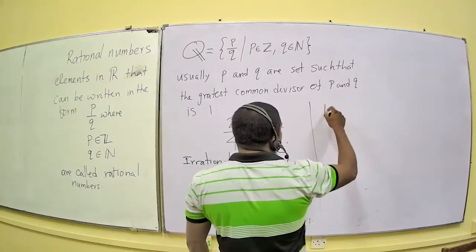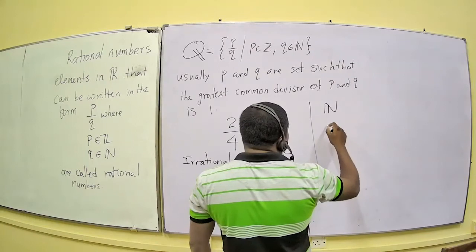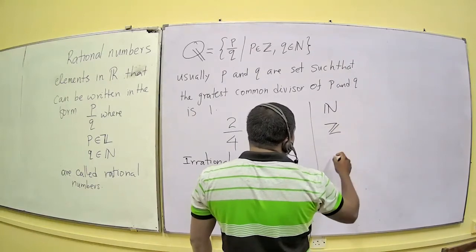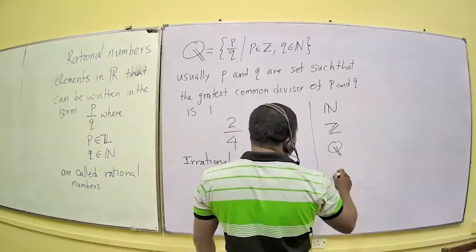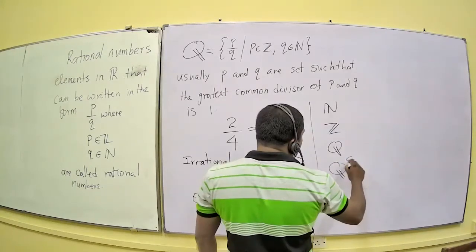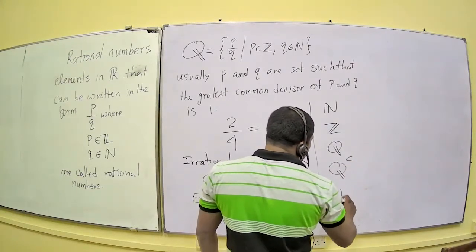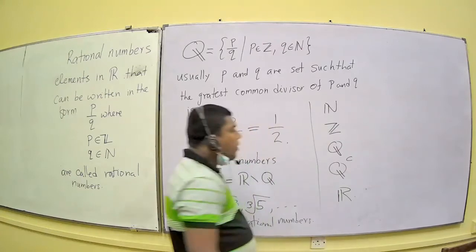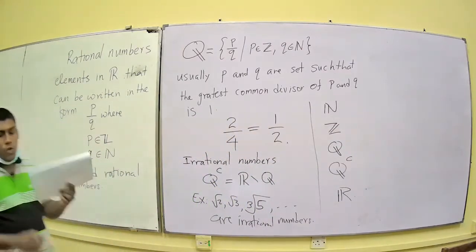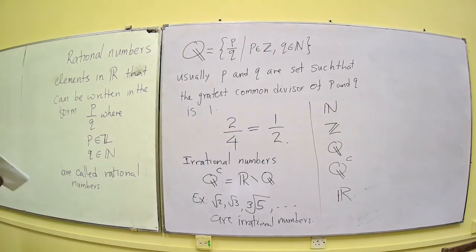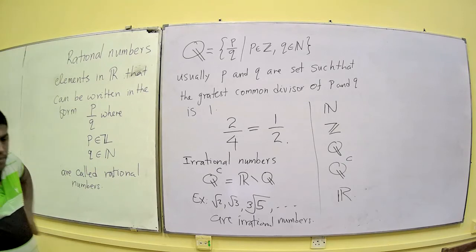So actually you start with natural numbers, and then you go for integers, and then there are rationals, and then there are irrationals, and all of them together form the real numbers. So this is how we define the number system.